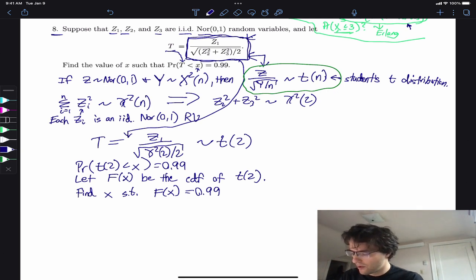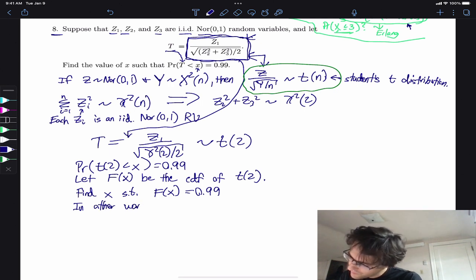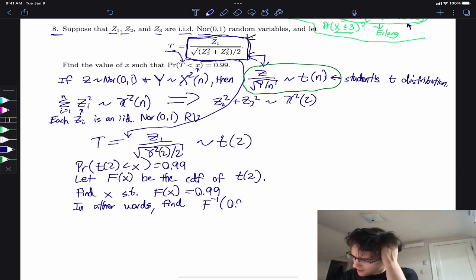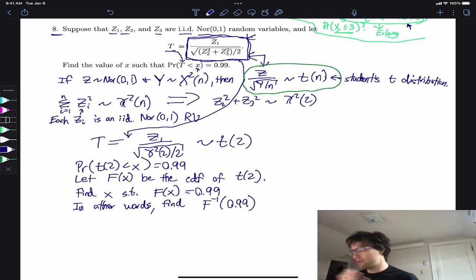Put another way, we want the inverse of the CDF at 0.99, and that's your answer.